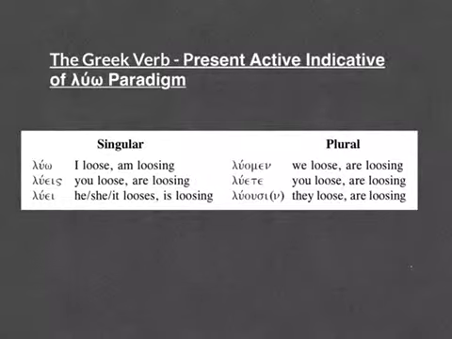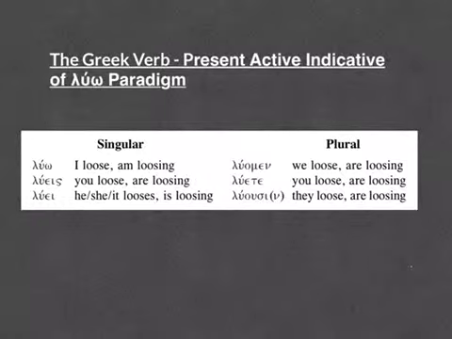Going to the plural side, luamen, luete, luusin. It's just like Spanish. So if you know Spanish, this will help you, except the endings will be different. It functions very similarly to Spanish and Portuguese.